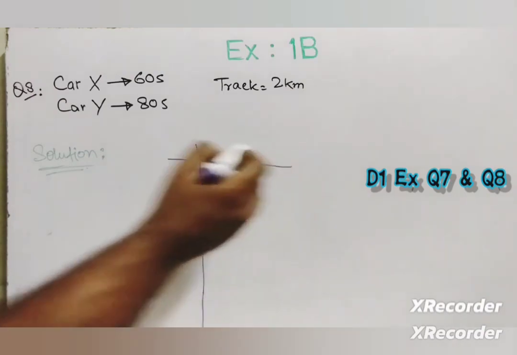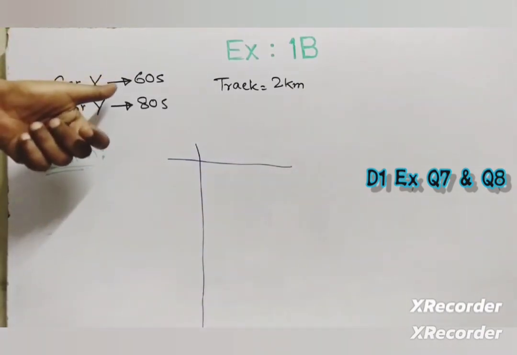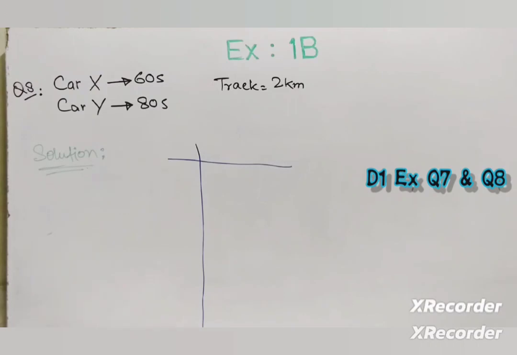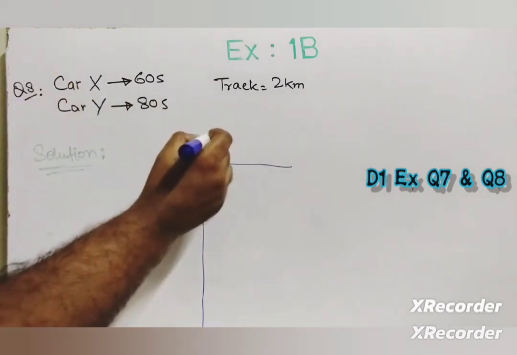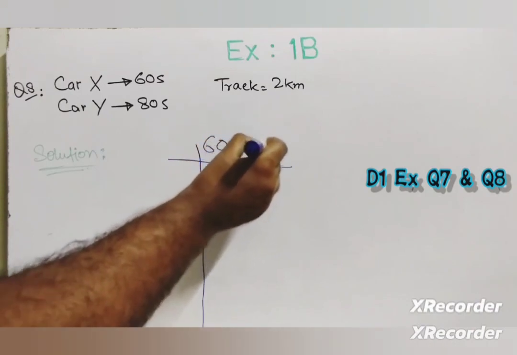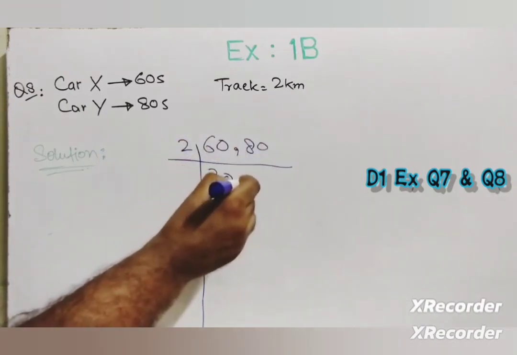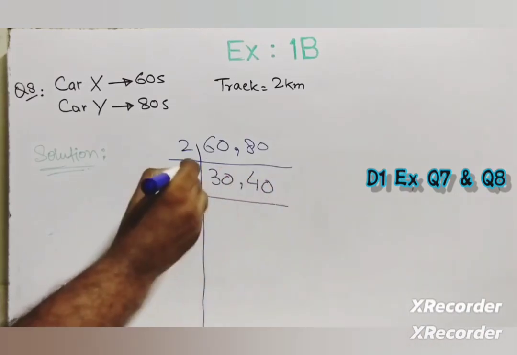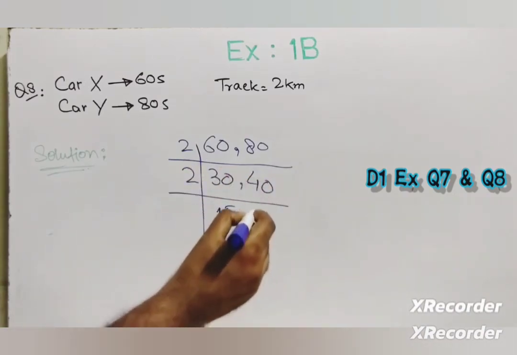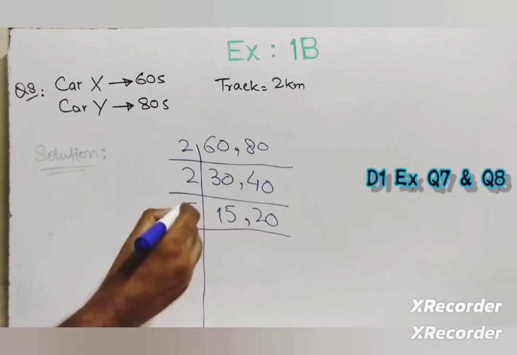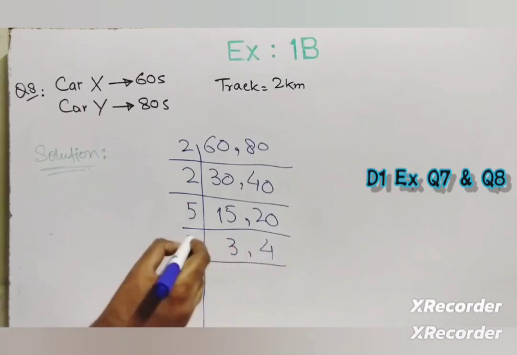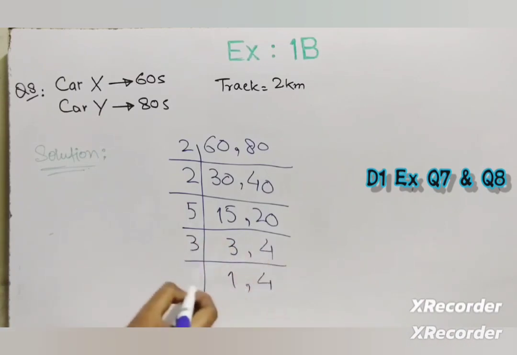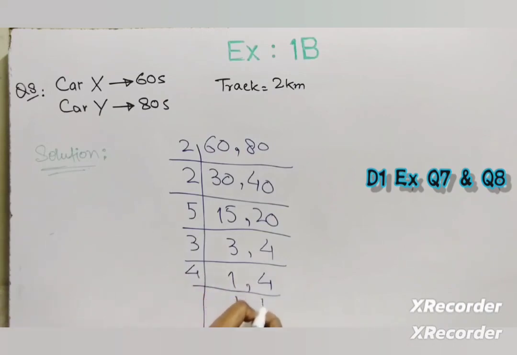The first point where they meet is the starting point. We have to find the second point when they meet at the initial point. So we have to take the LCM of these two numbers, 60 and 80. Dividing by 2 we get 30, 40, again 15, 20, by 5 we get 3, 4, by 3 we get 1, 4, and at last 4, 1, 1.